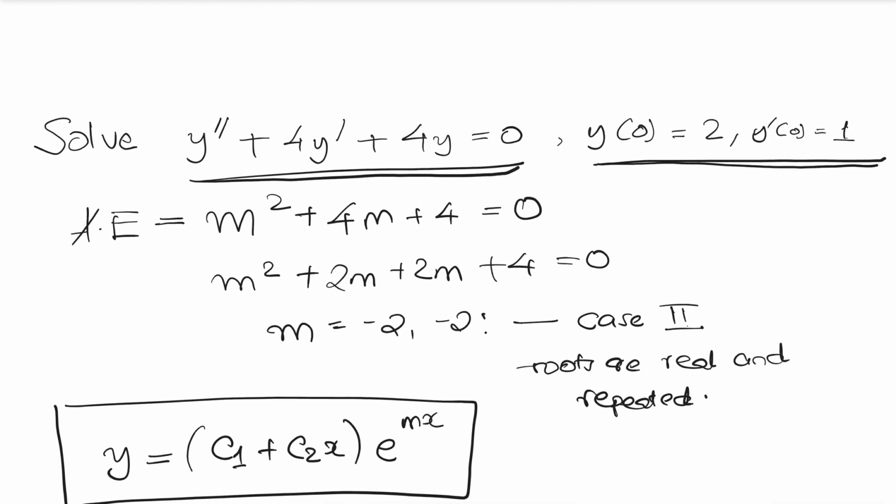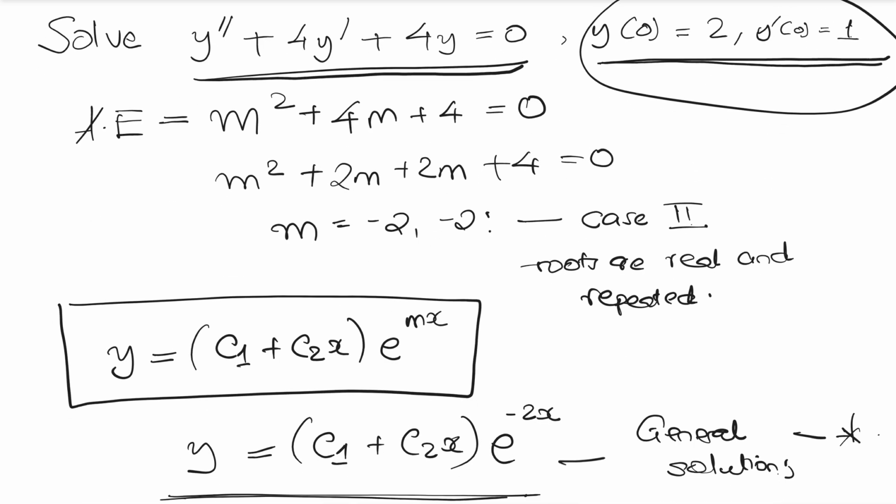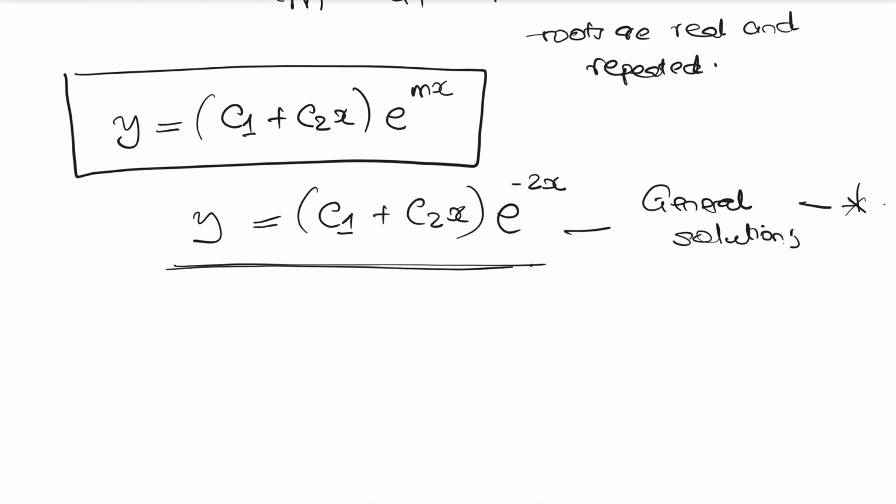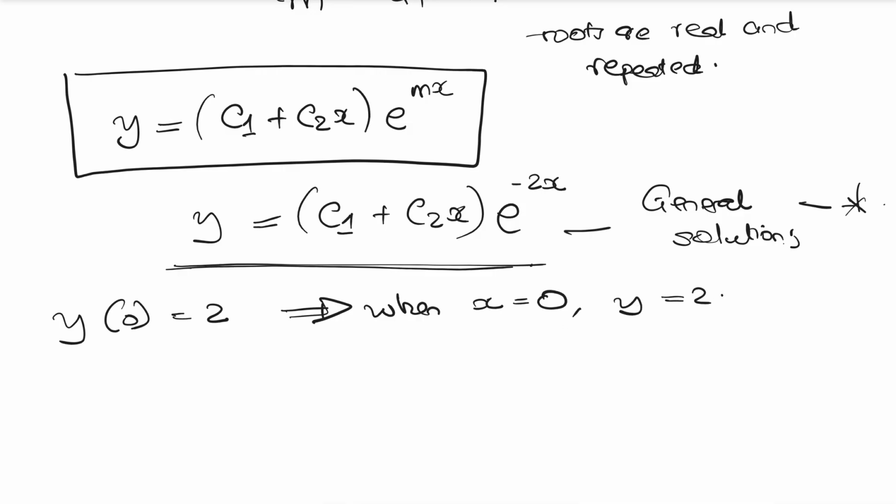So now we have been given the initial conditions and we need to find the particular solution from the initial conditions. So we have the first initial condition as y of 0 is equal to 2. That is, when x is equal to 0, y is equal to 2.